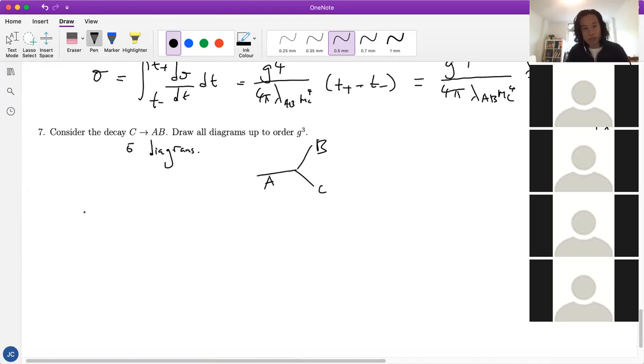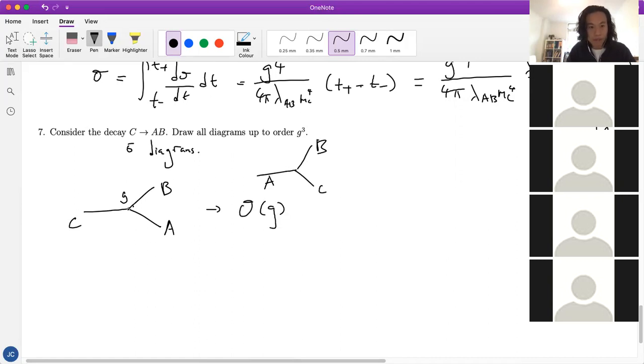Is to rotate this around, so we get starting initial C particle, and then decaying into a B and an A coupled with G. So this is the only way for us to draw it. There's no other, because we don't have any other vertices to play with. There's nothing else we can do about it. So this is of only order G, since we only have one vertex involved in here.